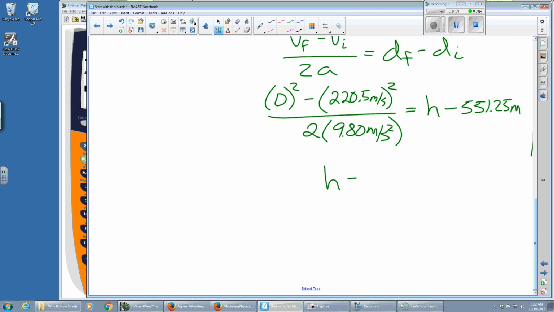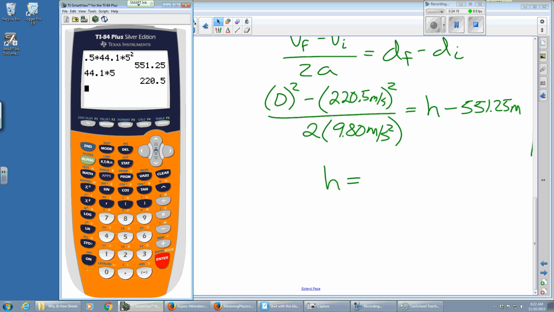And solve for h. Let's see. Because it's in free fall, the acceleration of anything in free fall is 9.8 meters per second squared. Remember, in that second segment, that blue segment, the acceleration is little g. Yeah, that's this one. You got it?